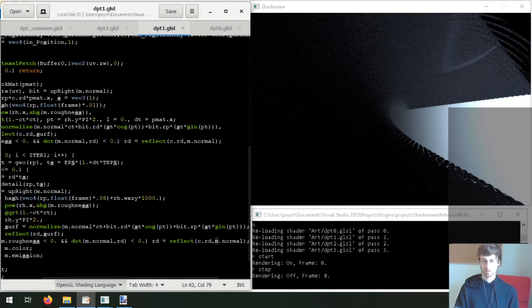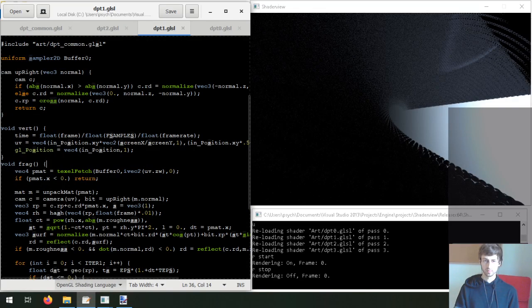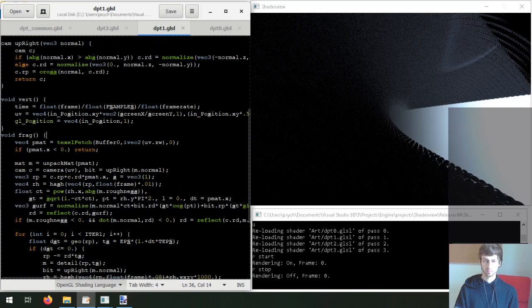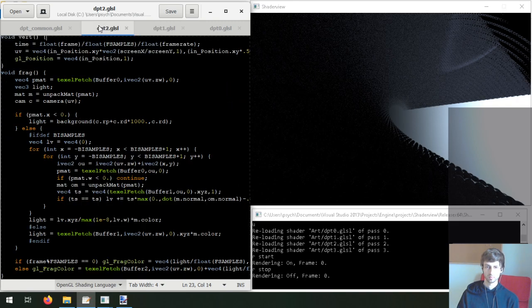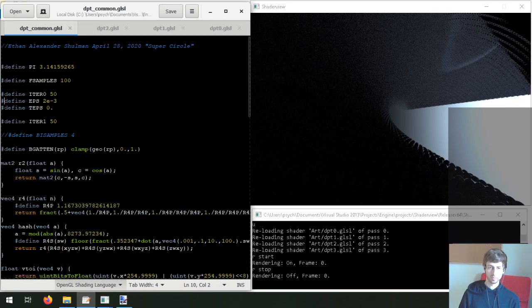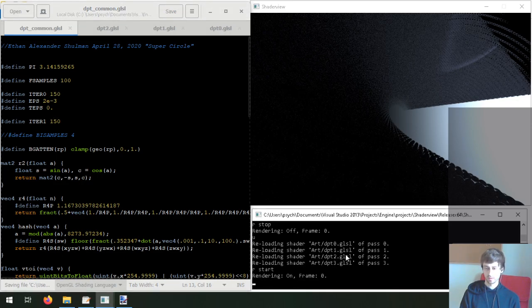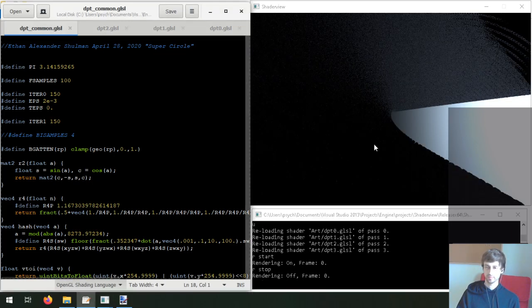I think the normal ends up being wrong right here. Or maybe the upright vectors. Hold on, I'll just try increasing the view distance massively, because it could be it's just not reaching the view. No, it's not that. Guess it never reaches light there.